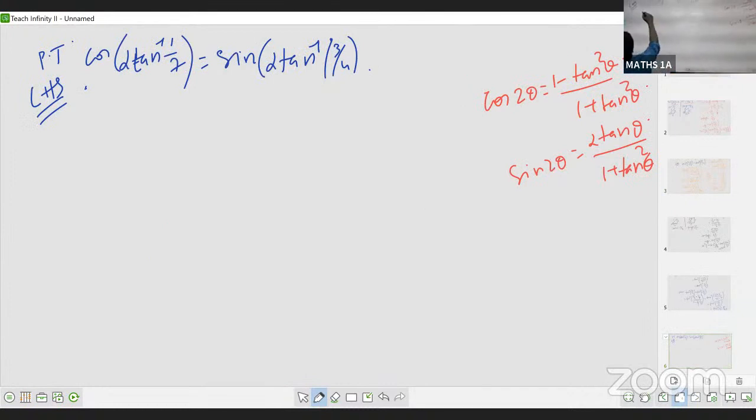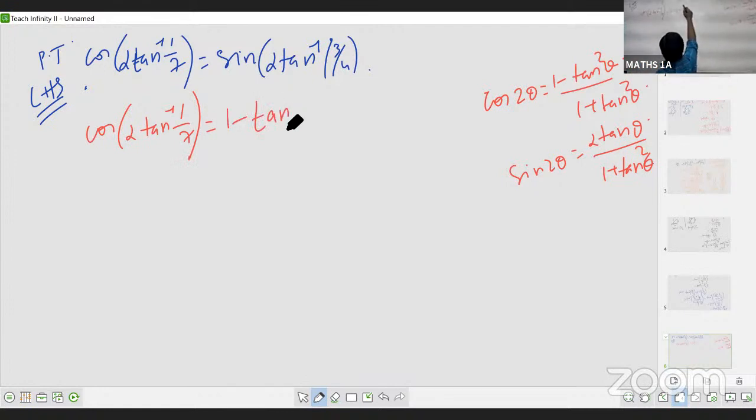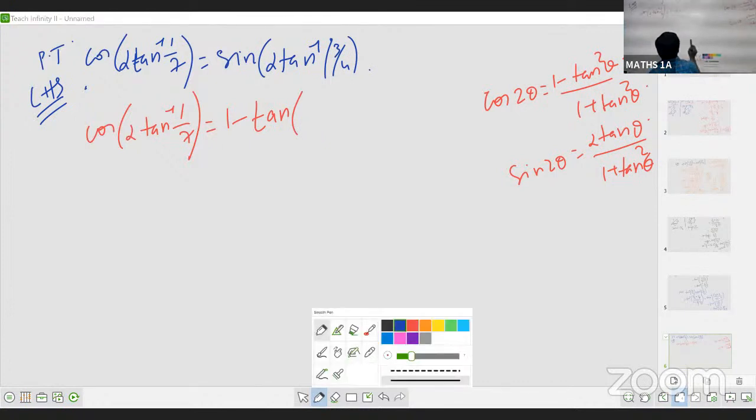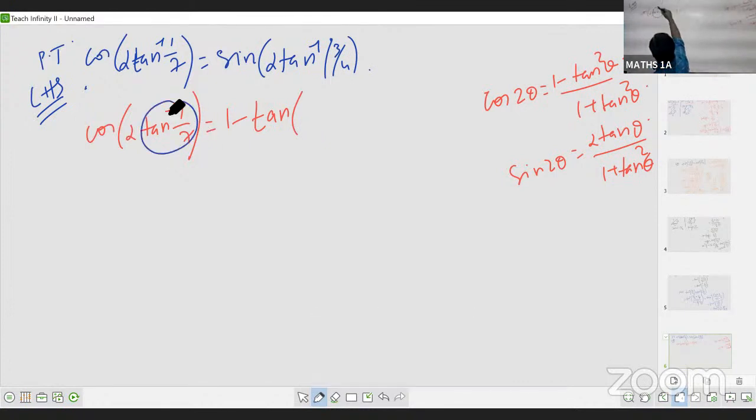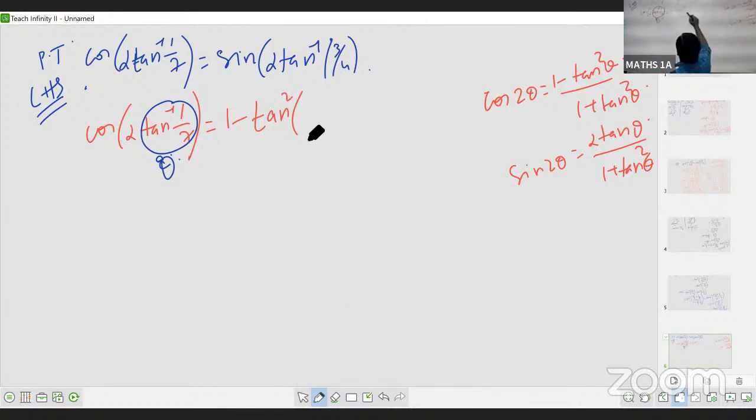See here, cos 2 tan inverse 1 by 7 is nothing but 1 minus tan square theta by 1 plus tan square theta, where theta means tan inverse of 1 by 7.